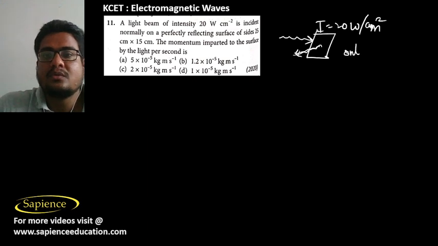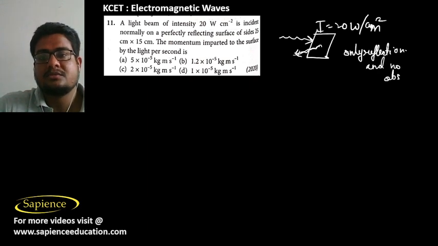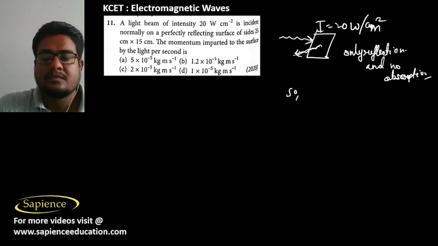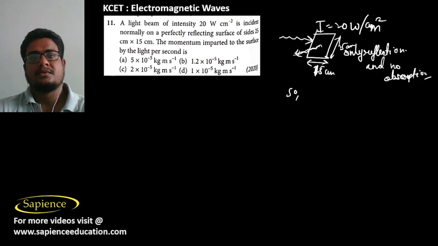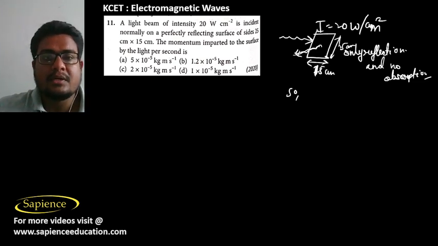Here there is only reflection, there is no absorption. The side length is 25 centimeter, the height is 15 centimeter, and the length is 25. What is the momentum imparted to the surface by the light per second?